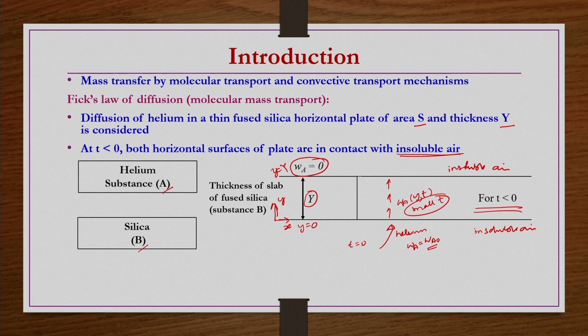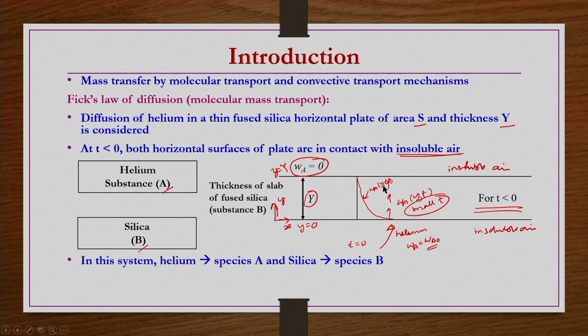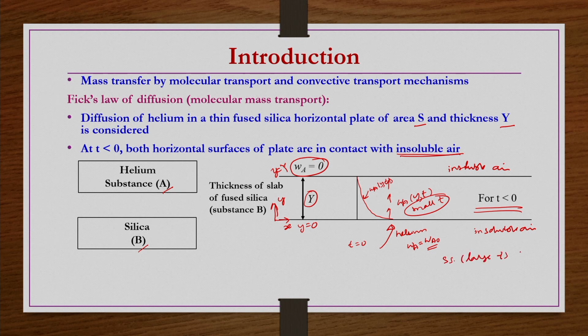So, obviously we can have a profile something like this. This is W A as a function of y and t, right. But what happens when time increases gradually, for steady state or large t? This concentration profile becomes independent of time, and this profile is linear.